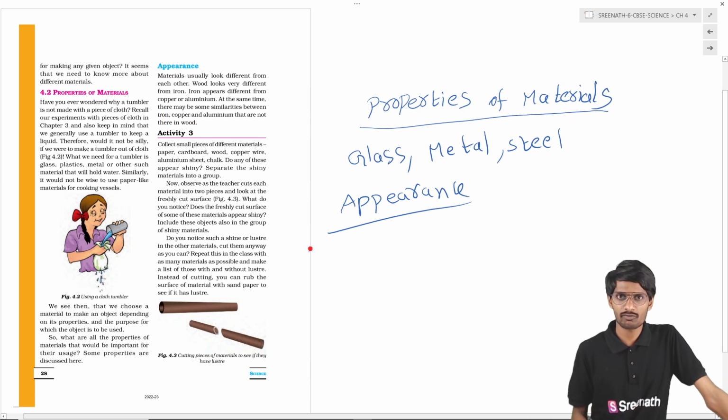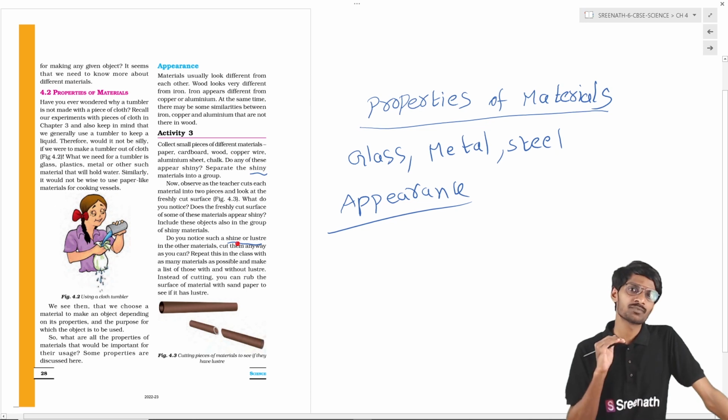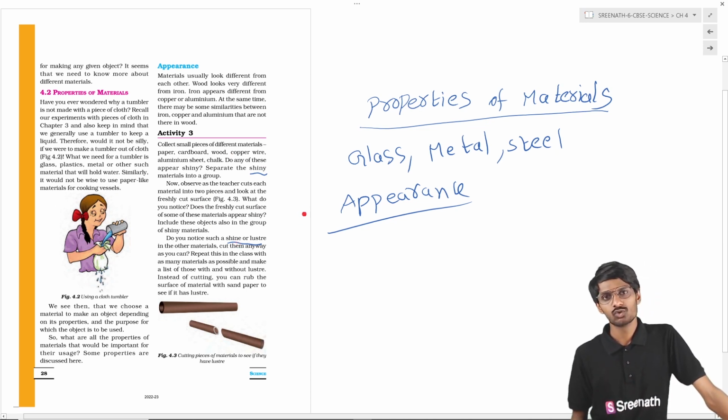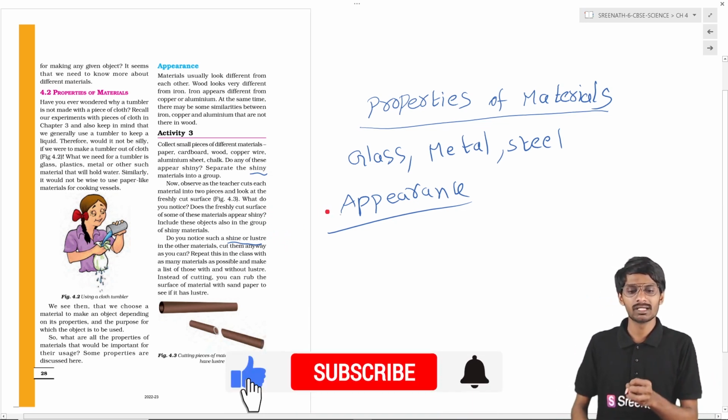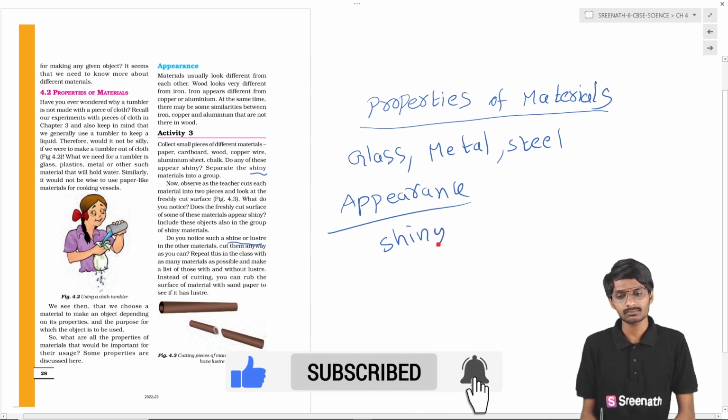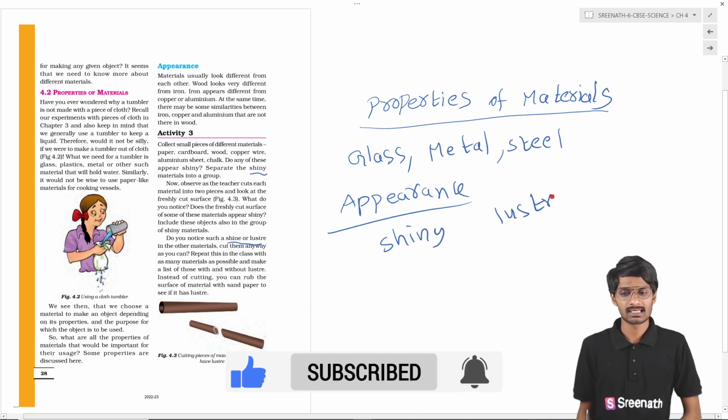Now take different types of materials and cut them and see whether the materials are shiny or lustrous. Cut as many materials as possible. You will observe some materials as shiny and some as lustrous.